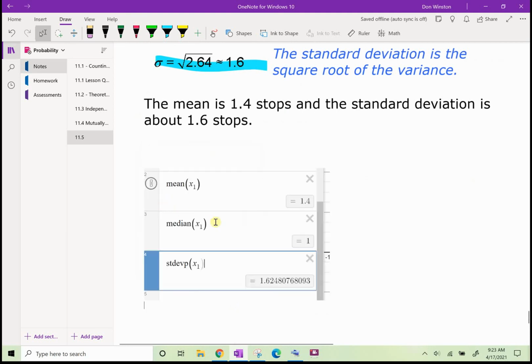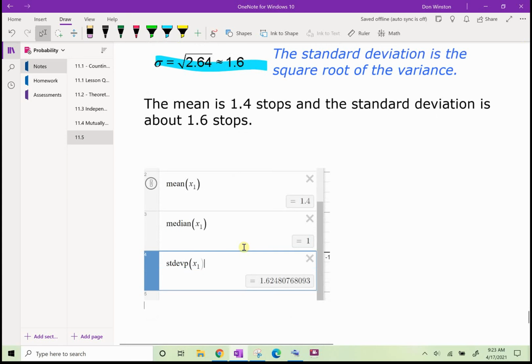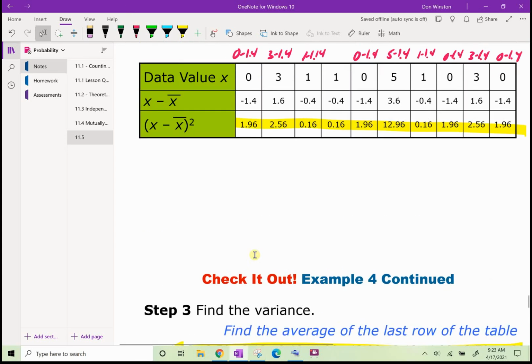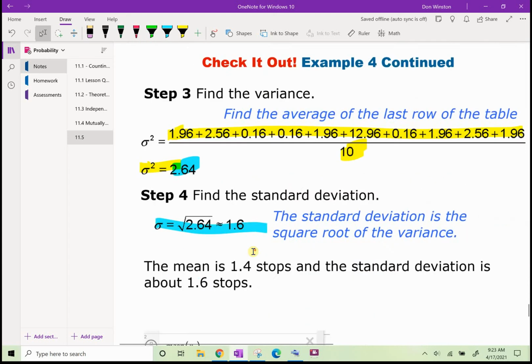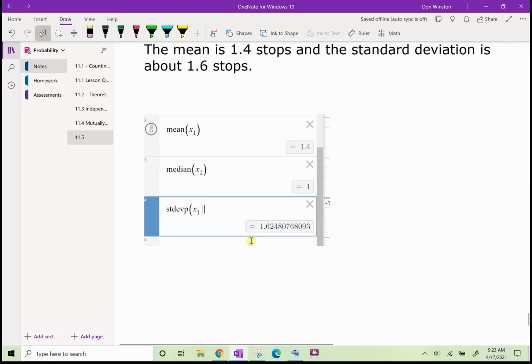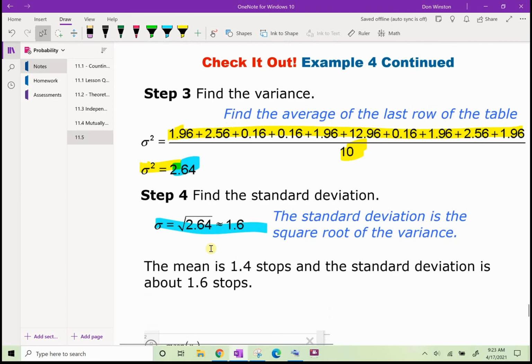On a quiz or test, I actually allow you to use decimals when you're calculating the standard deviation. You got your mean, which was 1.4, and then the median, which you didn't need in this case, but I got it anyway. But then for the standard deviation, you'll want to use STDEVP, standard deviation of the population.